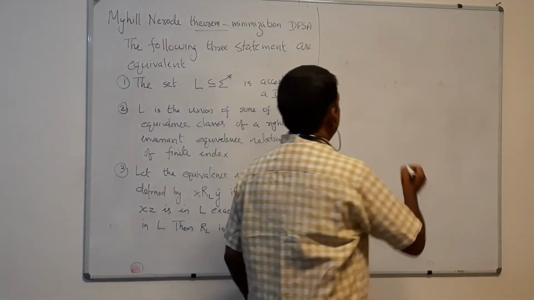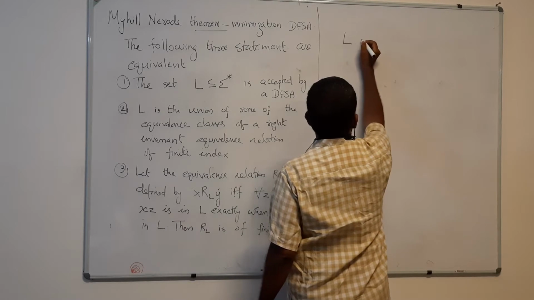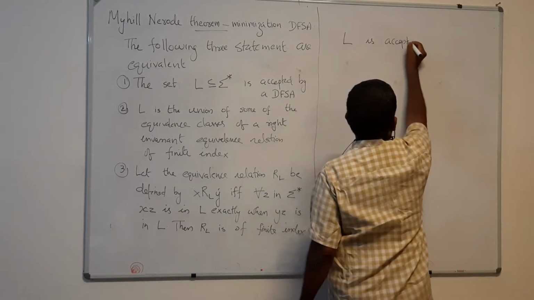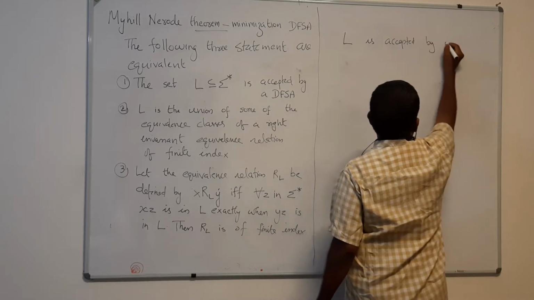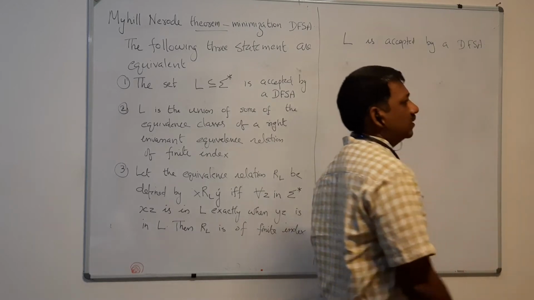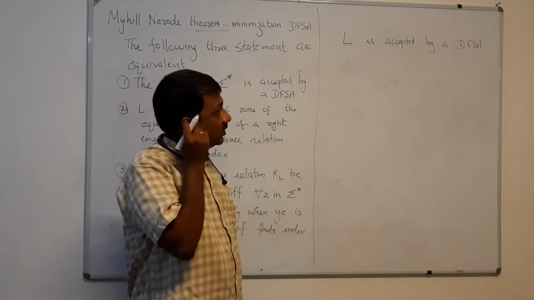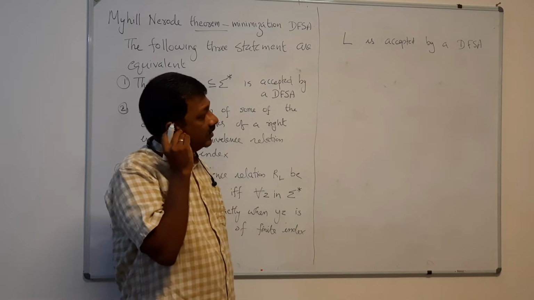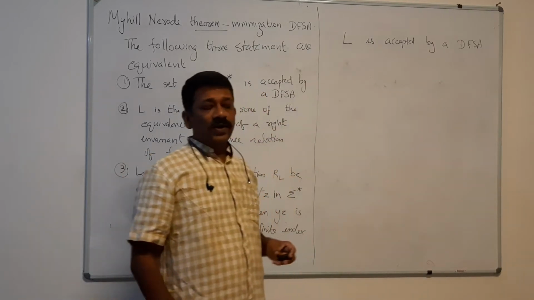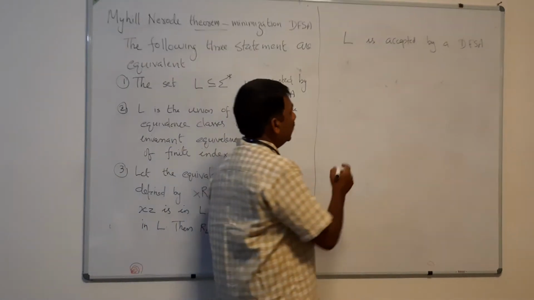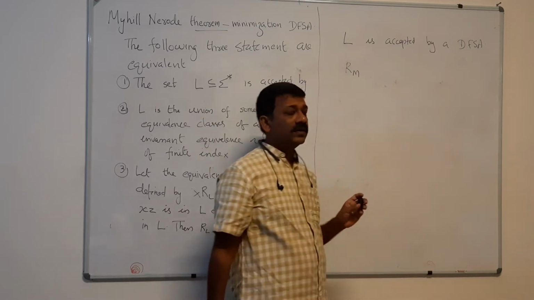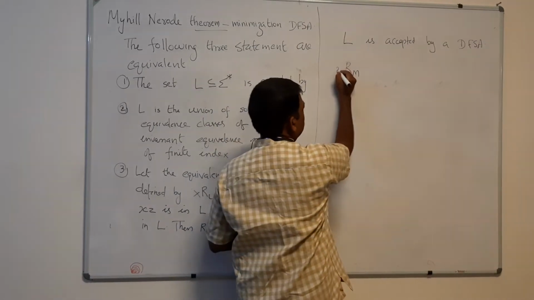Suppose that L is accepted by a deterministic finite state automaton. Okay. Now we are going to have a relation, say Rm. We are going to define a relation x related to y.